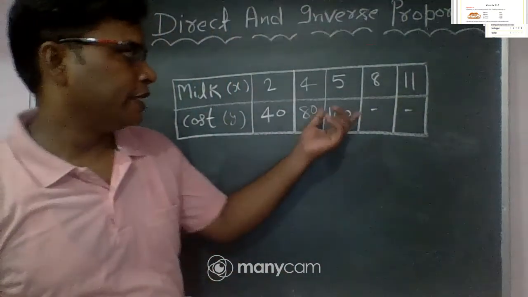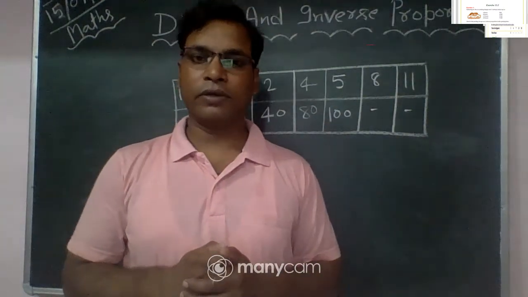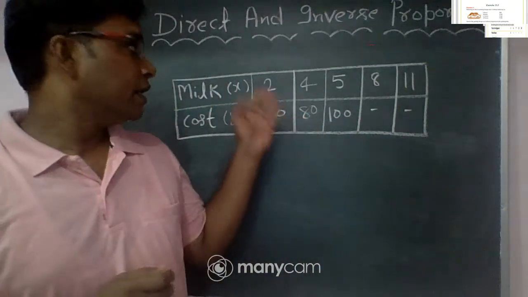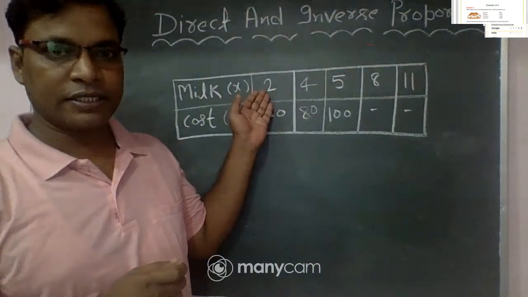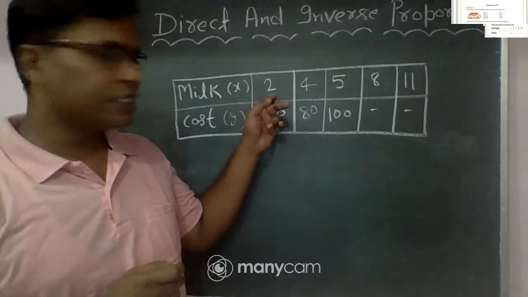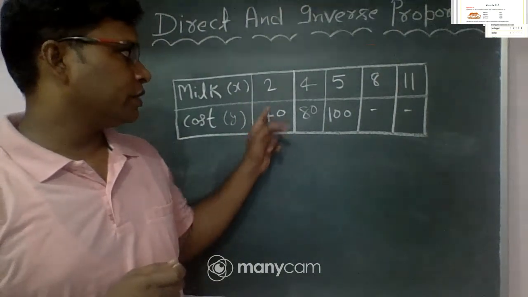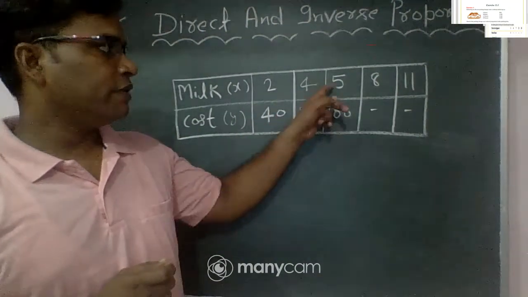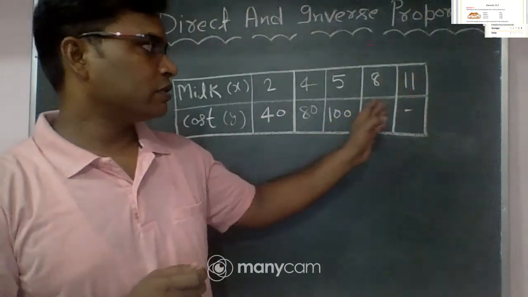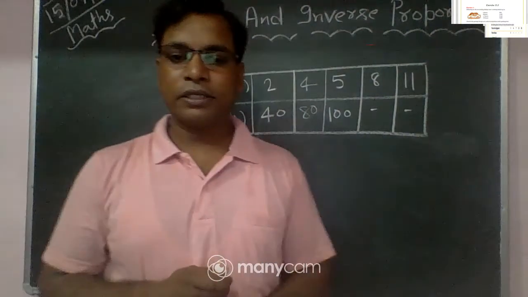So what is the cost of 8 liters of milk and what is the cost of 11 liters of milk? So here you can see if x, the quantity of milk, increases, then y also increases.